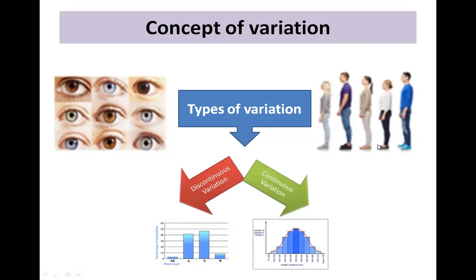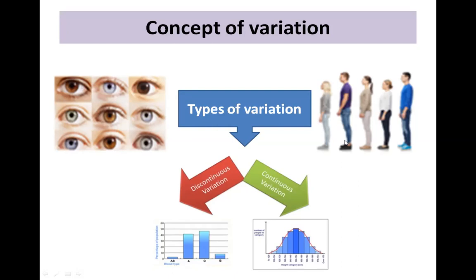And in the right-hand side picture, I have considered a simple trait, the height of a person. So we can find a number of traits in nature, not only in animals but also in human beings and plants. We are finding variation with respect to some traits.